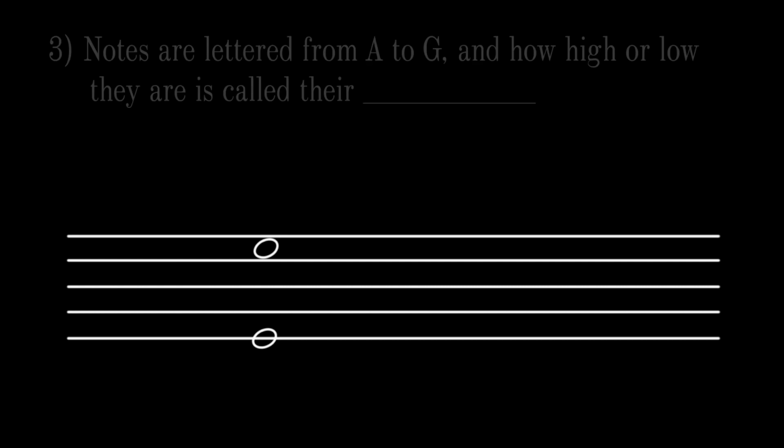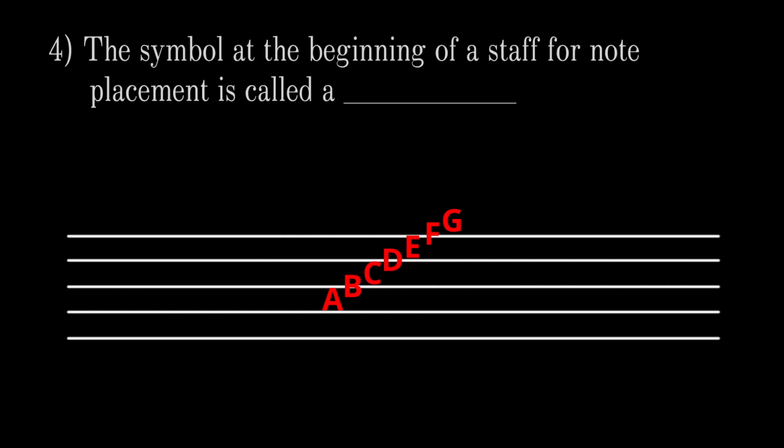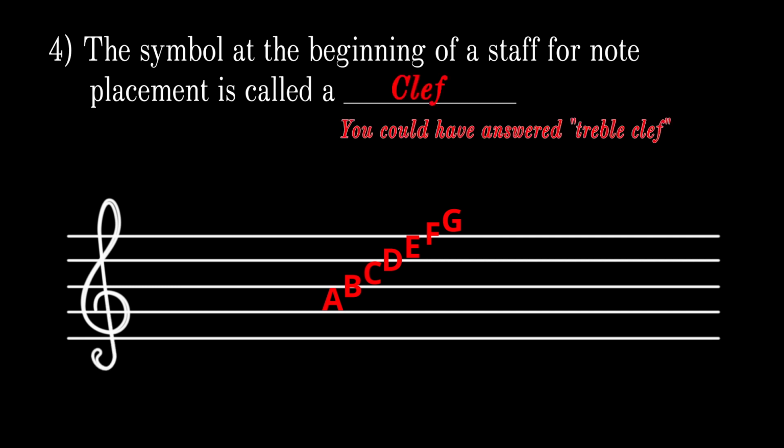Number 3, notes are lettered from A to G, and how high or low they are is called their... and the answer is pitch. Number 4, the symbol at the beginning of a staff for note placement is called a... and the answer is clef.